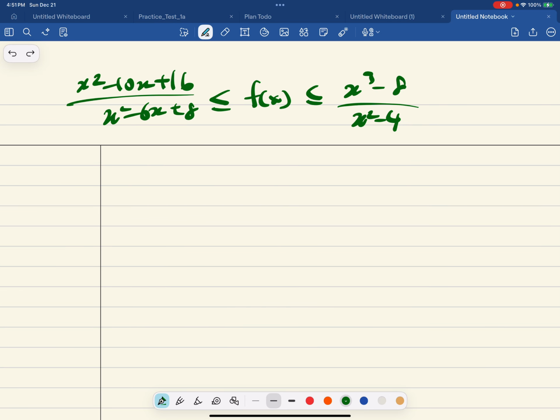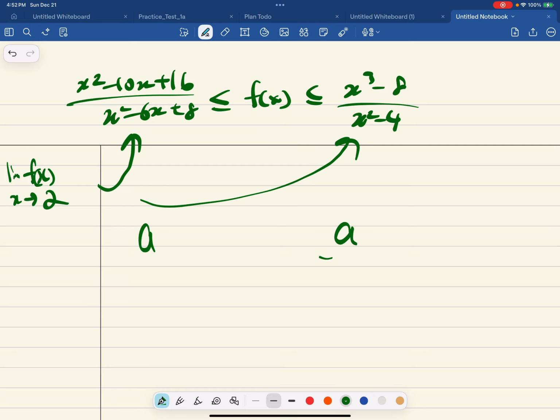So if it is something like this, and they're telling you what is the limit of f of x as x approaches, let's say 2, what you have to do is find the limit of that, and find the limit of that, and if they both give the same answer, then this one has to have the same limit.